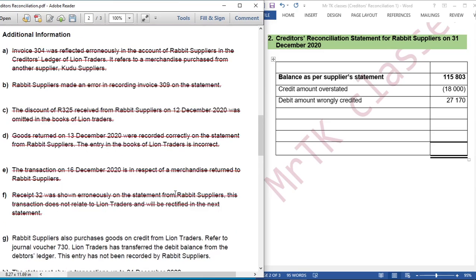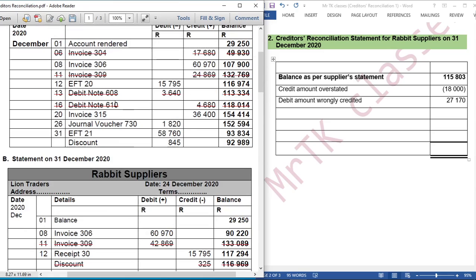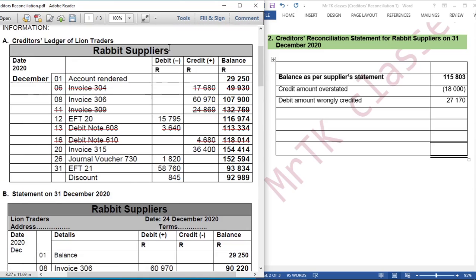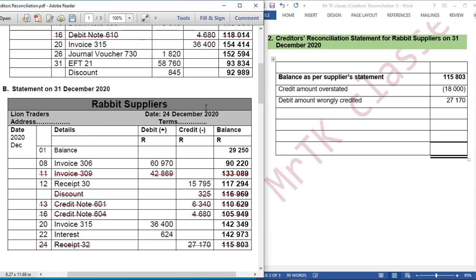So Rabbit suppliers has not recorded this Journal of Voucher 730, and you can see it is under our debit column here, which means that it should be under the credit column here. So if we are crediting, it is supposed to be a negative.